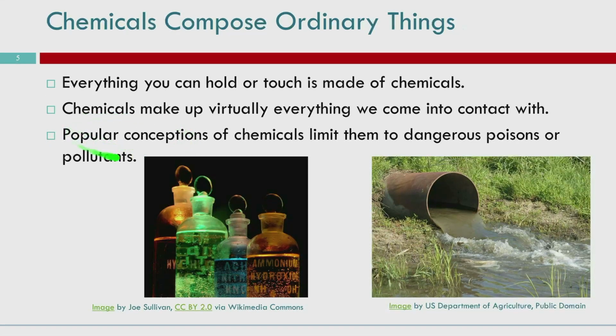The popular conception, what you often hear in the media, there's this conflation of chemicals equals dangerous chemicals. And not all chemicals are dangerous chemicals. There are also perfectly fine and good and safe and healthy and beneficial chemicals.